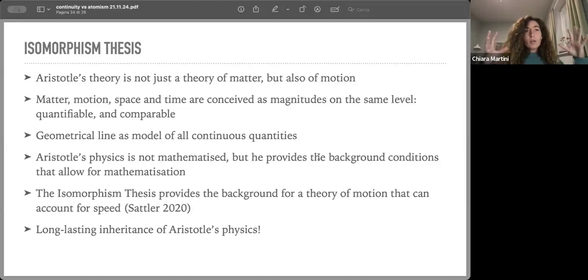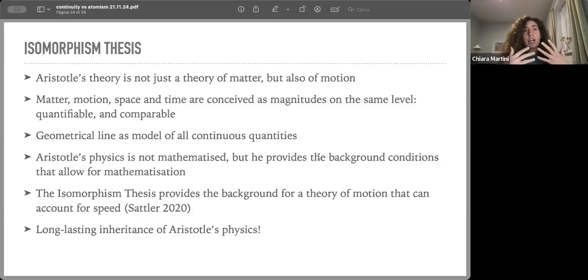And so we have all these physical magnitudes that are required to give a scientific account of motion that are brought together. And because, according to Aristotle, they all share the same structure, we can compare them and we can build a theory that draws on all of them rather than having different discourses. And in particular, they can all be modeled by the geometrical line. And that's something that we still do. We still use a line, when we do physics, to model time and to model space.